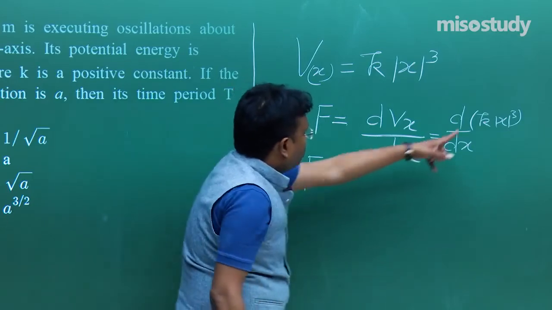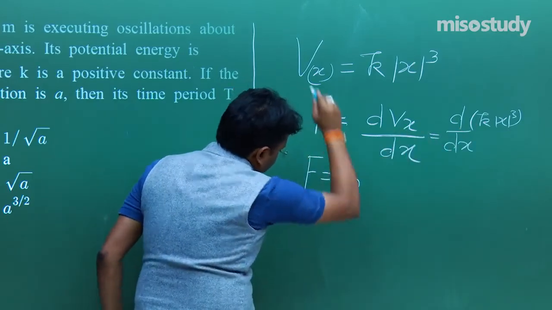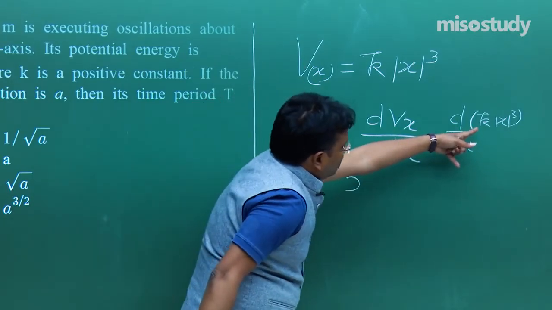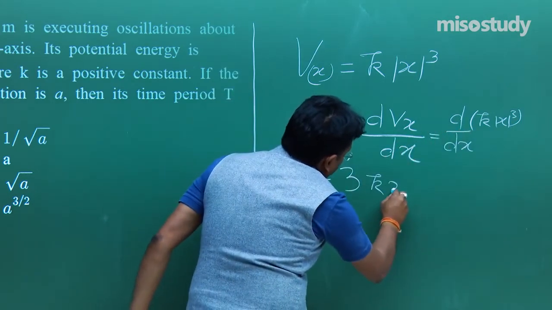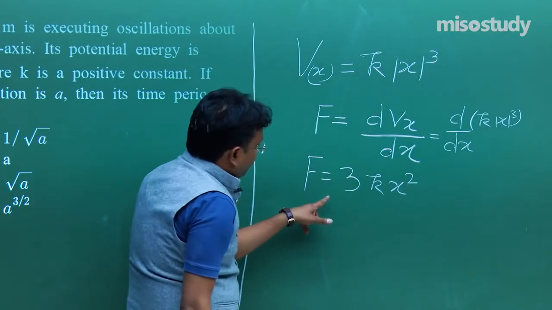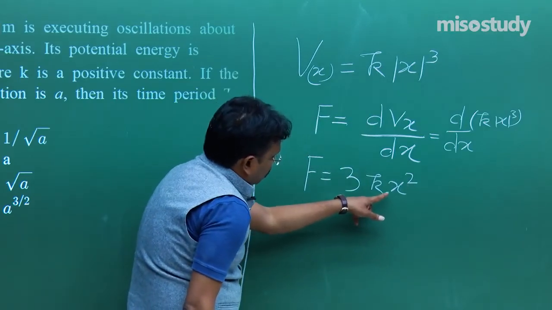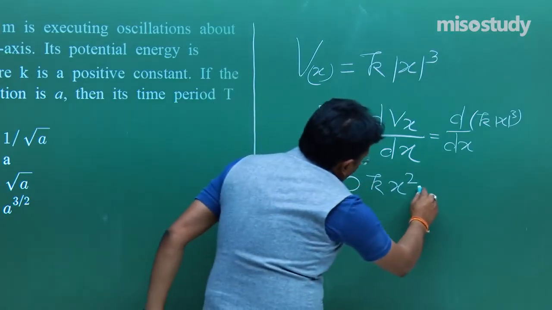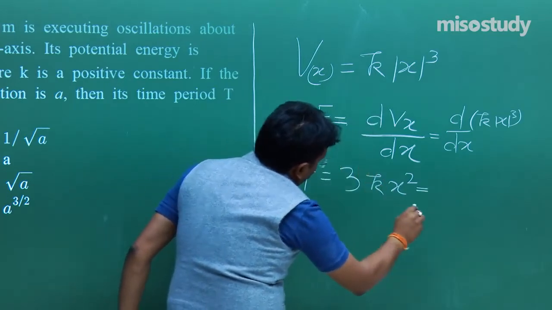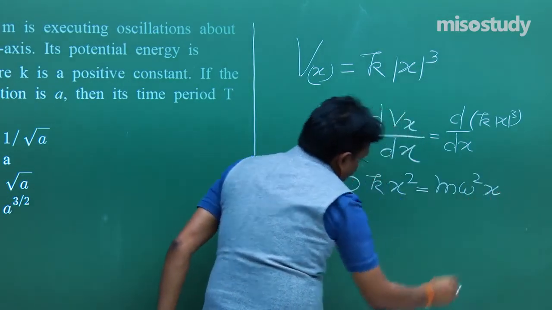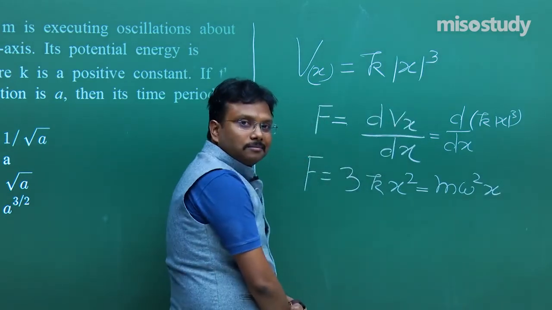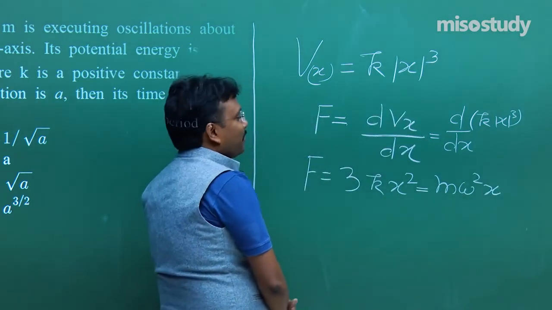So F is equal to 3 times k, this constant, 3k x square. So F is equal to 3k x square, and it's equal to nothing but m omega square x. How? Yes.